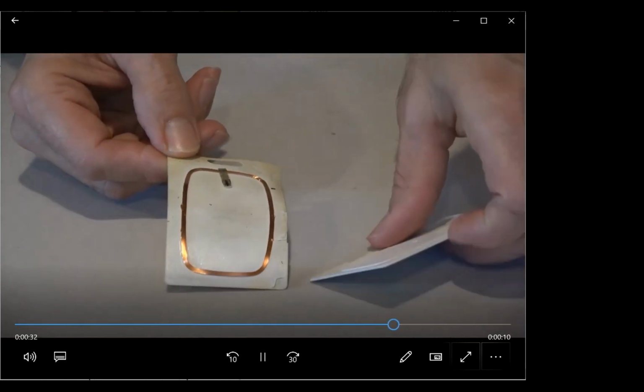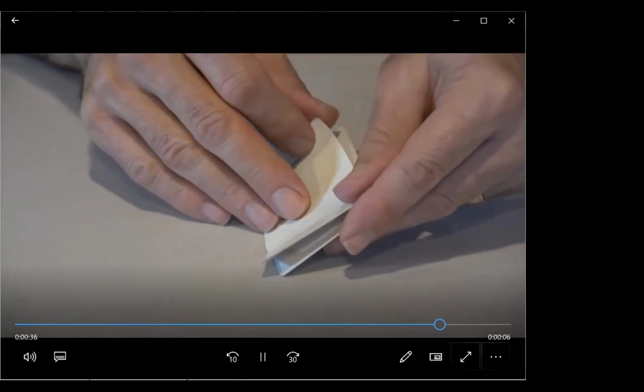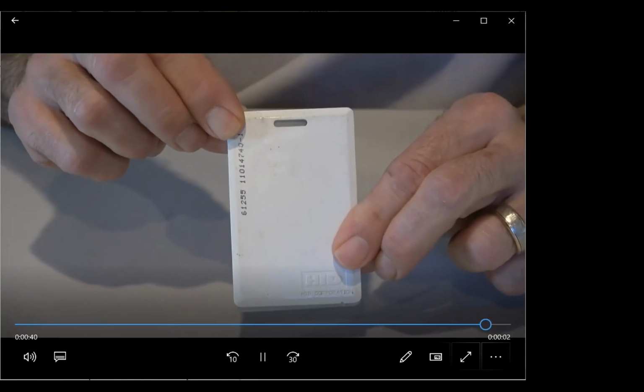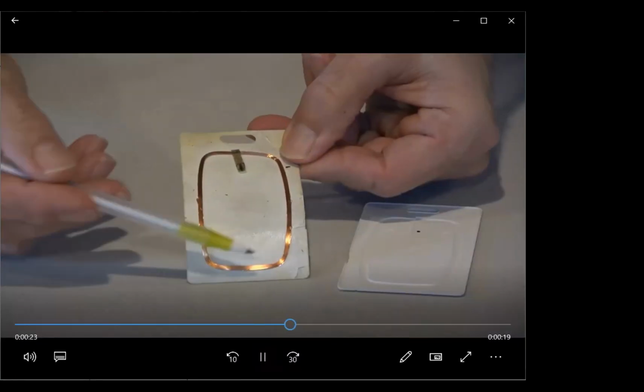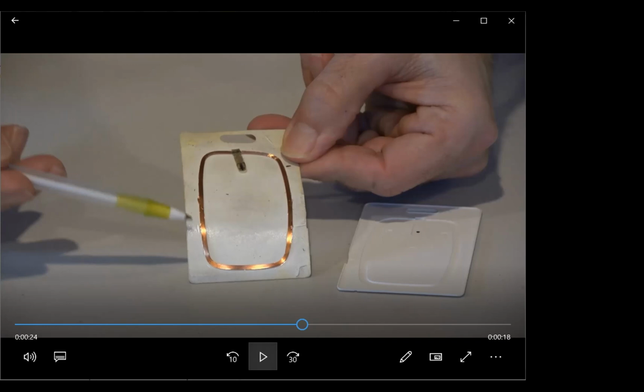It provides power to that little chip, so no battery is needed. The chip sends a signal back to the card reader. Okay, very simple.